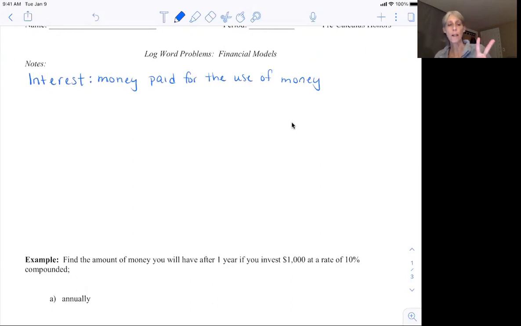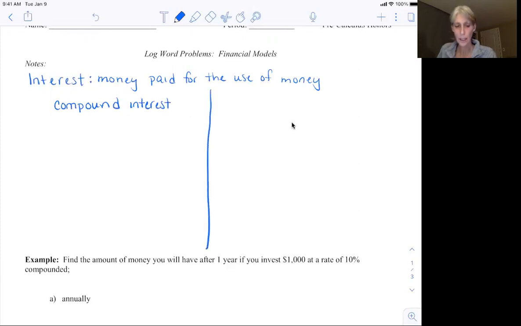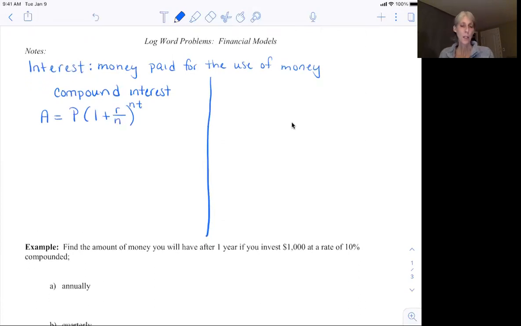So there are two main formulas that we're going to be working with in this course, and you saw them last year as well. The first is compound interest. Our compound interest formula looks like this: A equals P times (1 plus R over N) to the NT power.